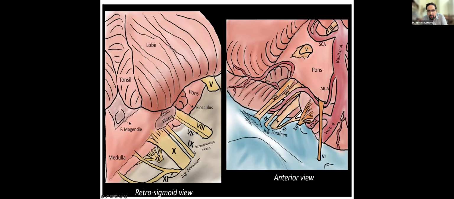Then you have the jugular foramen, wherein the lower cranial nerves are moving, and the 12th cranial nerve, the basilar artery, which is more of a retroclival component, and the 6th cranial nerve is also seen, with the superior vessel as the SCA, the middle vessel as the AICA, and the inferior vessel as the PICA.